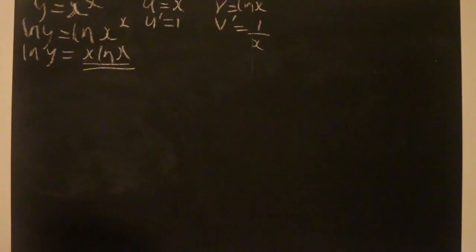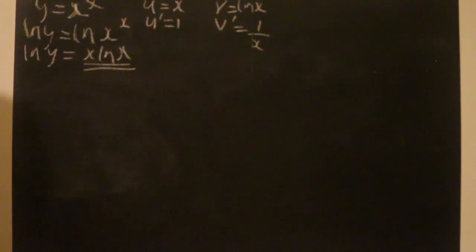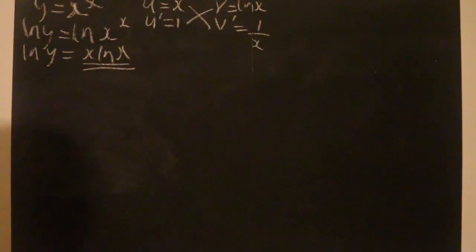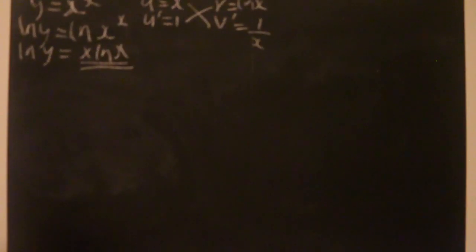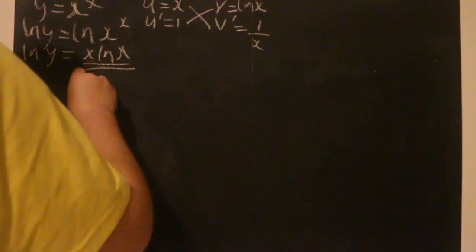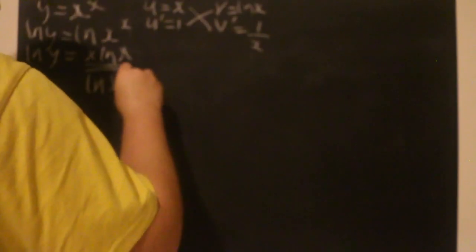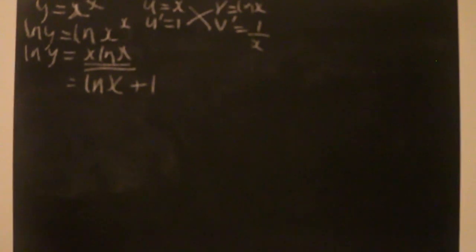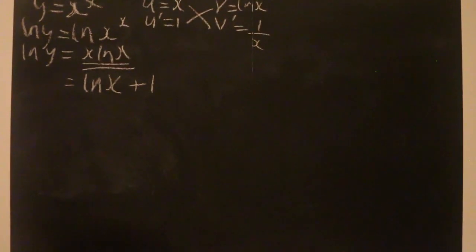So if we multiply them, we cross multiply them, then we get ln of x plus x times 1 over x. And that just simplifies to ln of x plus 1. But we have to find the derivative of ln of y.